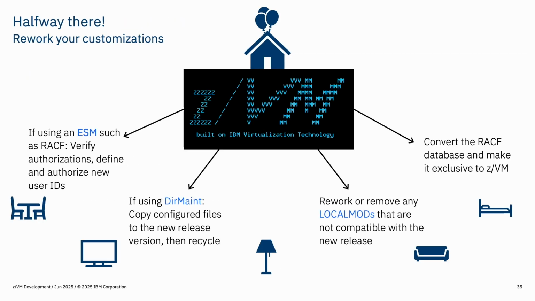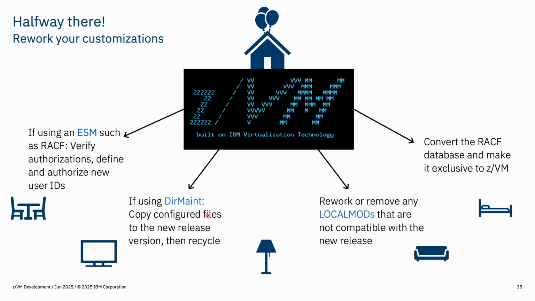We're now about halfway there, now that we've completed stage 1. We'll need to take a look again at our interior design, see if anything's maybe shifted around, what with all this ballooning and floating. Firstly, if we're using an external security manager such as RACF, verify some of your authorizations, define and authorize the new user IDs which have been added.